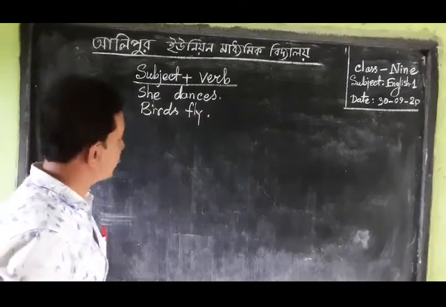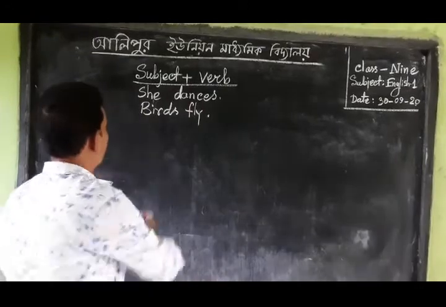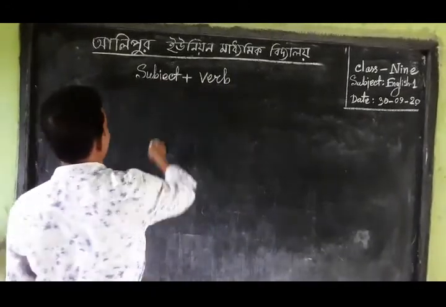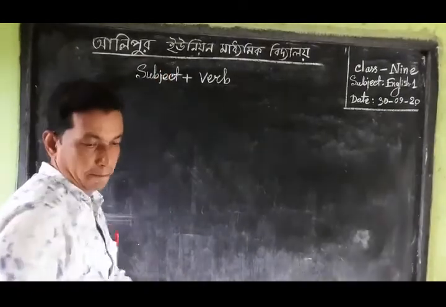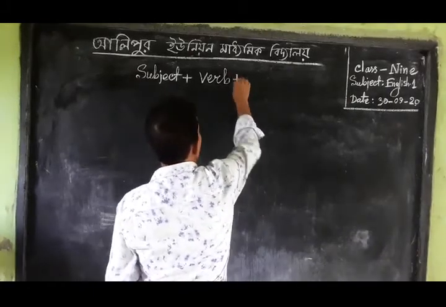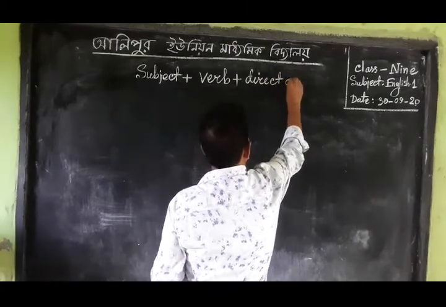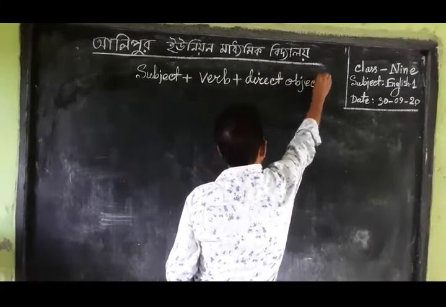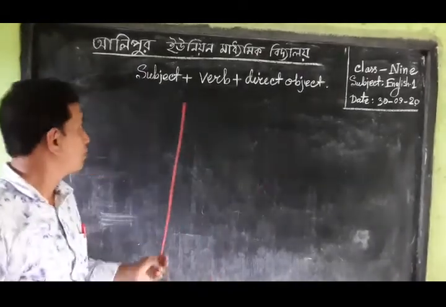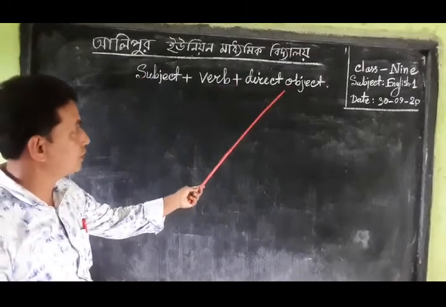Okay, dear learners, our next element is subject, verb, direct object. Have a look at the blackboard. Subject, verb, direct object.